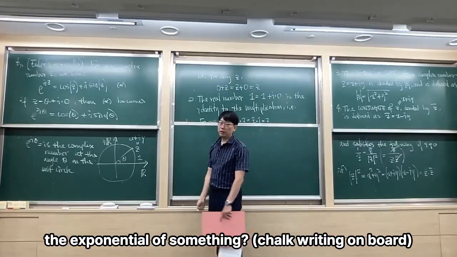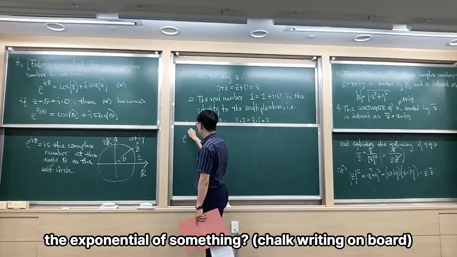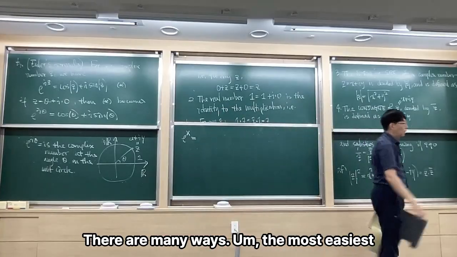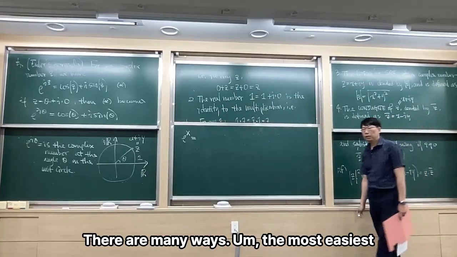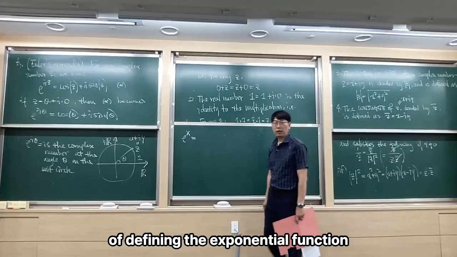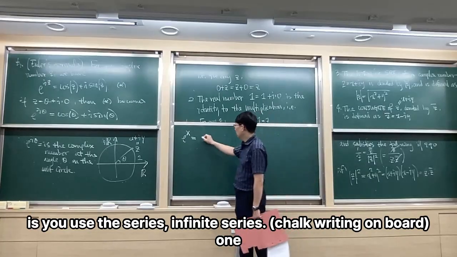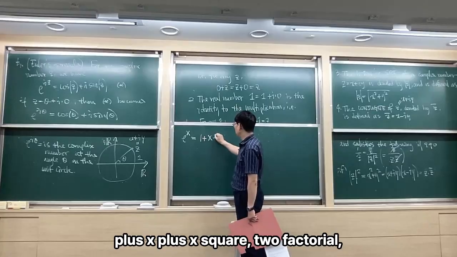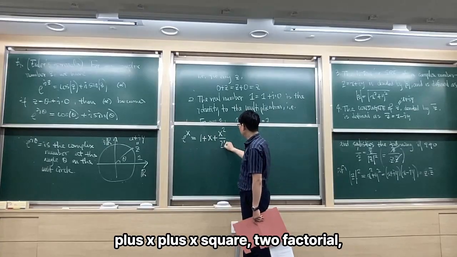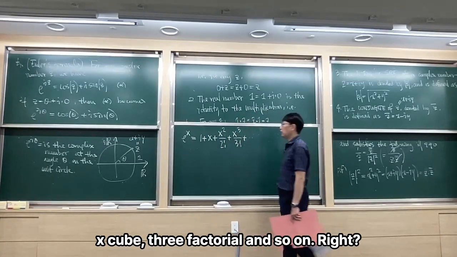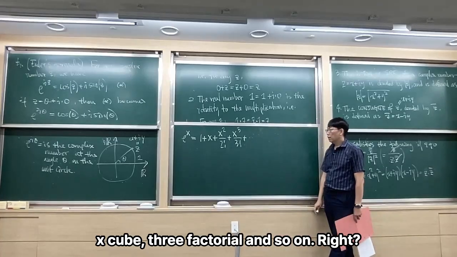So how do you define the exponential of something? There are many ways. The easiest and most practical way of defining the exponential function is to use an infinite series: 1 plus x plus x squared over 2 factorial, x cubed over 3 factorial, and so on. Right?